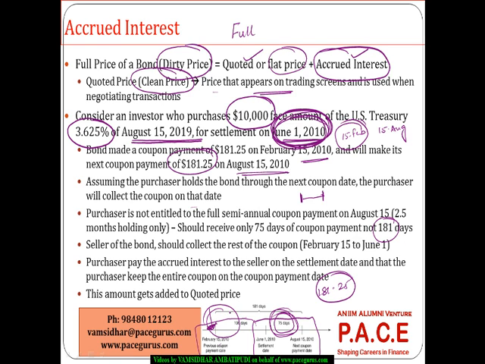And the seller is eligible for the remaining coupon because he has held it from 15th February. But if I am the purchaser now, I am the owner, I will receive the coupon amount. Now this coupon amount that is there between the two coupon payment periods, that is what we are calling the accrued interest.